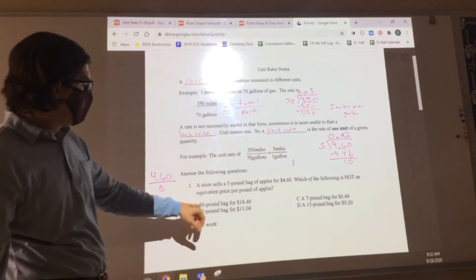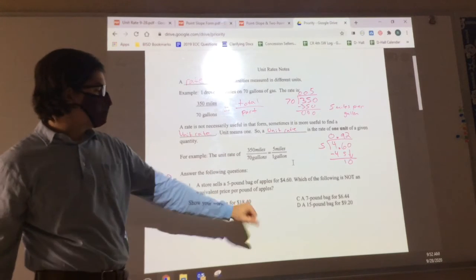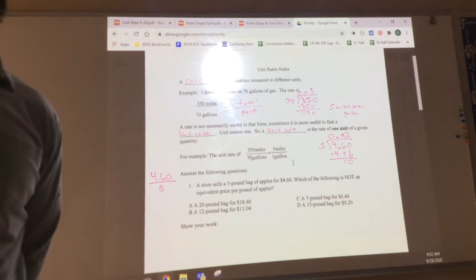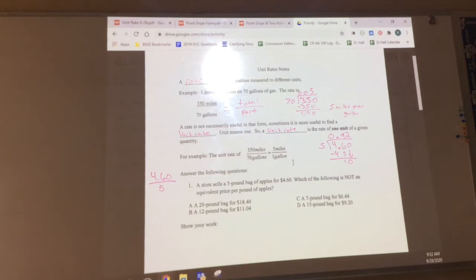Now, this says a 20-pound bag costs $18.40. How can I verify if that is true or not? What could I do? Anthony, what do you think? Divide it. I could, but since I already have the unit rate, what's an even easier thing that we could do, since none of us really like dividing? Isaac?